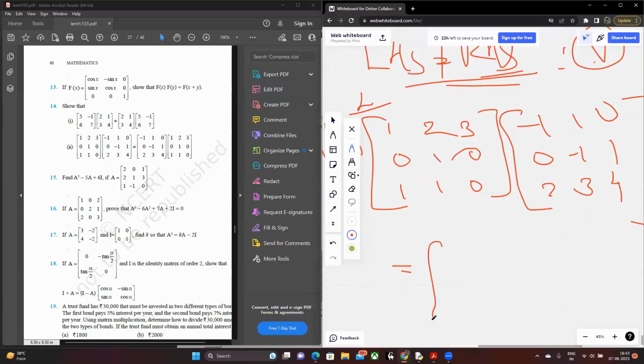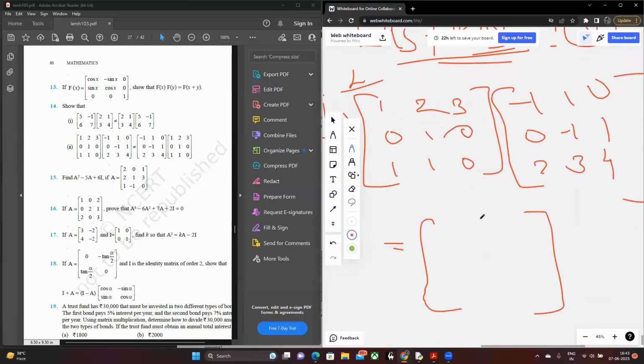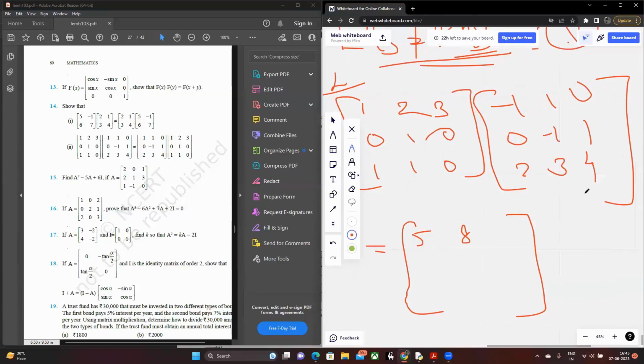So following the rules of matrix multiplication, this is going to be an order 3 matrix, where the first element is this row into this column, that is minus 1 plus 6, that is 5. Then you have 1 minus 2 plus 9, that is going to be 8. And then you have 0 plus 2 plus 12, that is 14.